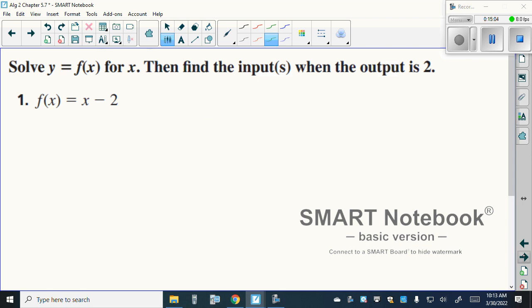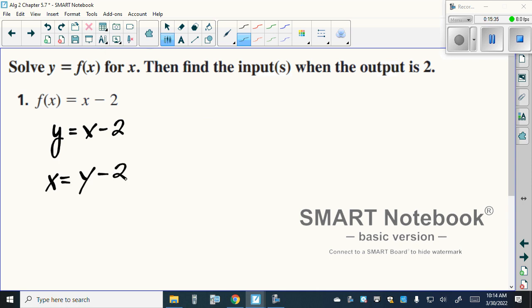Y equals f of x, solve for x, then find the inputs when the output is 2. Well, we just need to find the inverse. So the first thing we can do is, if we understand fully that y and f of x are the same thing, we could jump straight to x is equal to y minus 2.